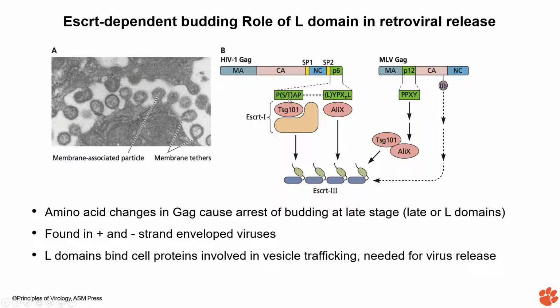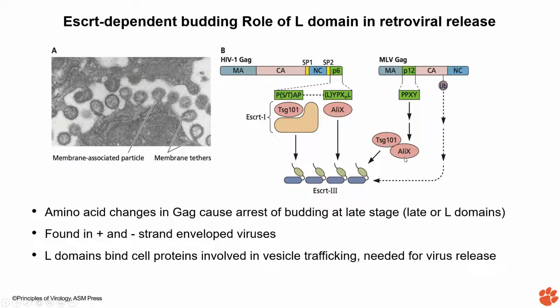What they do is interact with the cellular protein TSG101, and this TSG101 will be the adapter for ESCRT-I. The second L domain gets associated with another protein called ALIX. In the same way, on the other hand, this p12 PPXY motif also recruits TSG101 and ALIX.